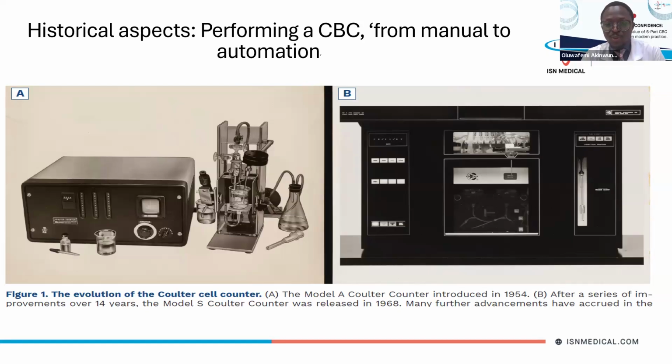With its release, a significant edge was developed in laboratory practice, optimizing measurement of the complete blood count. Following this, a number of new methodologies arose, and we now have the 3-part and 5-part automated hematology analyzers.